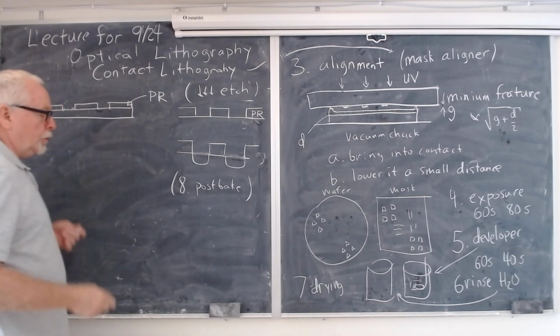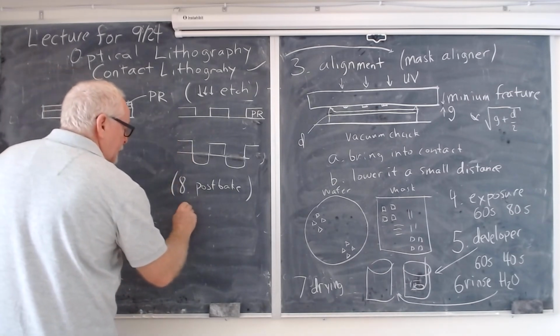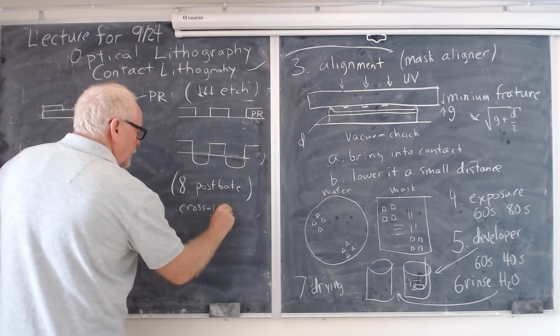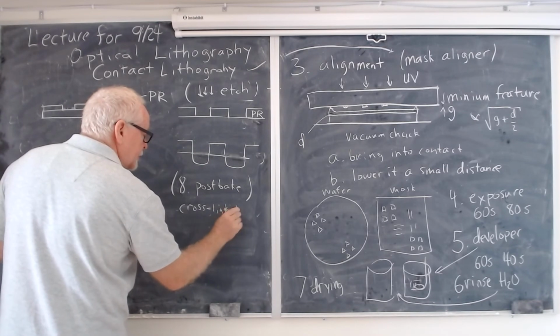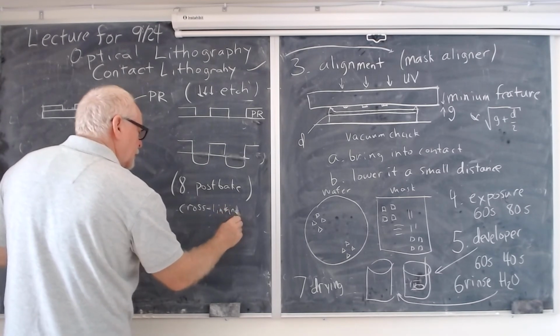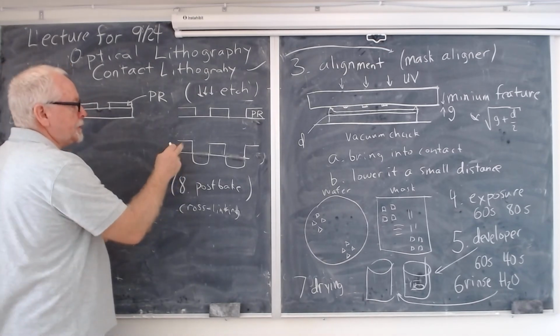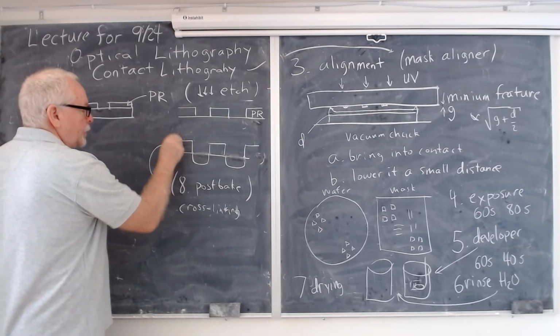Now, what the post-bake does is what's called cross-linking, which I don't want you to worry about too much, but it just makes the photoresist harder.